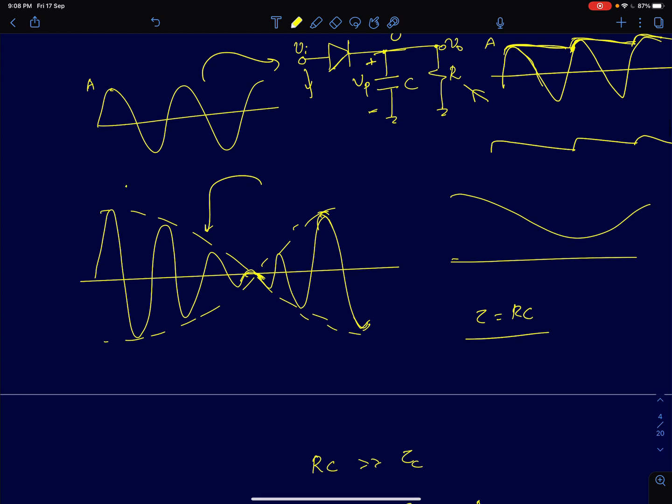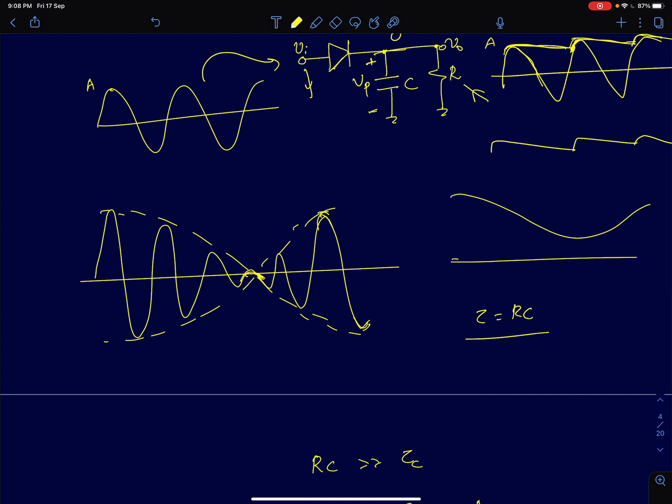You need to detect the change in the peaks. Which means your RC time constant, how fast it's able to discharge or charge, should be lower than the rate at which the peaks are changing, because you need to detect the peaks. The RC circuit should be able to track that.